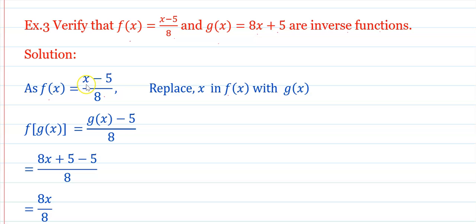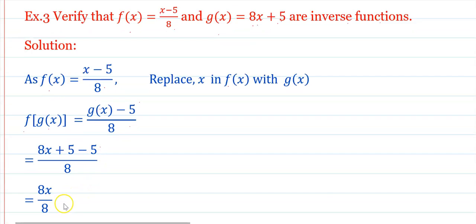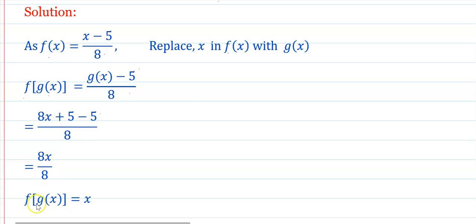Here x is replaced by g of x. f of g of x is equal to (g of x minus 5) upon 8. But what is g of x? g of x is 8x plus 5. Replace the value of g of x: (8x plus 5 minus 5) upon 8. Plus 5 and minus 5 get cancelled. You will get 8x upon 8 and hence f of g of x is equal to x.